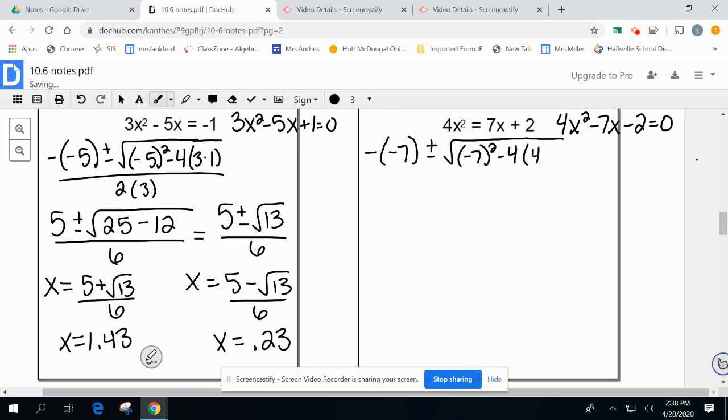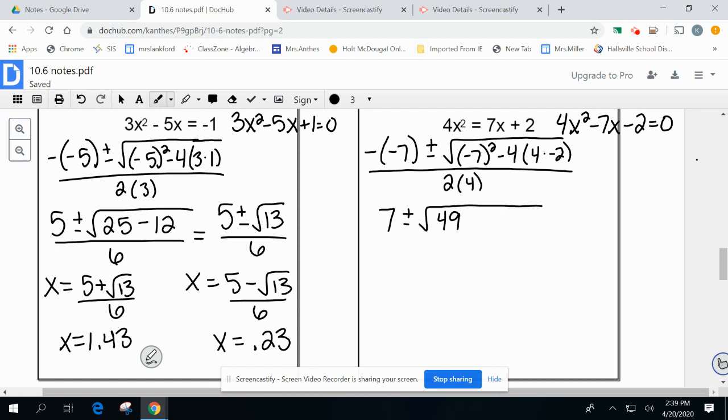So 4 times -2 all over 2 times 4. Okay, so start simplifying. -7 is +7 plus or minus, -7 squared is +49, and then -4 times 4 times -2 is a +32, divided by 2 times 4, which is 8.